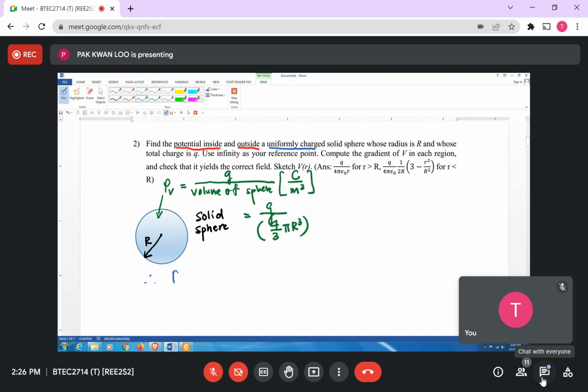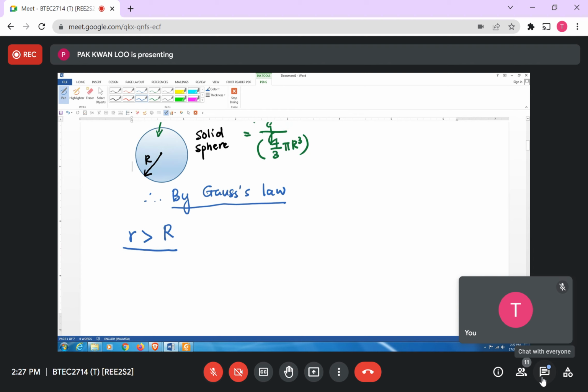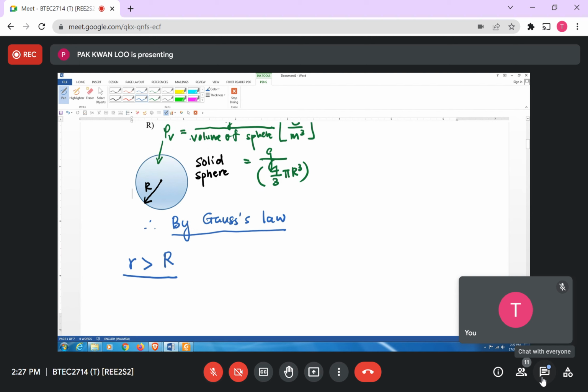So therefore, by Gauss's law, for the region R greater than capital R, that means the Gaussian surface will enclose the entire sphere, the entire closed surface, with the volume charge density.